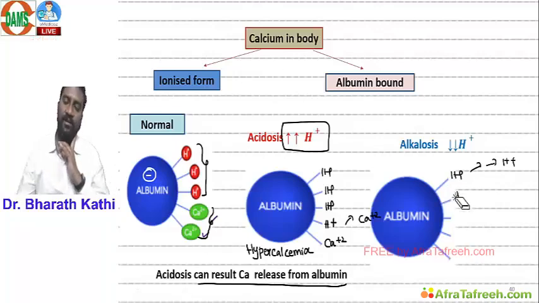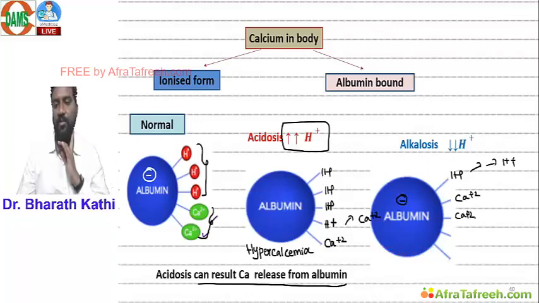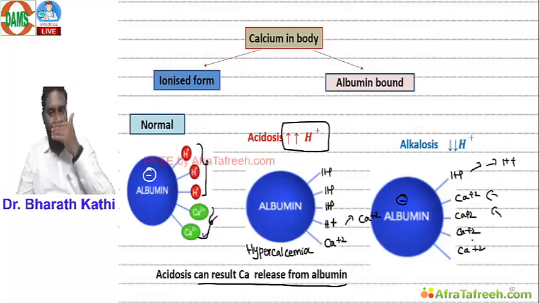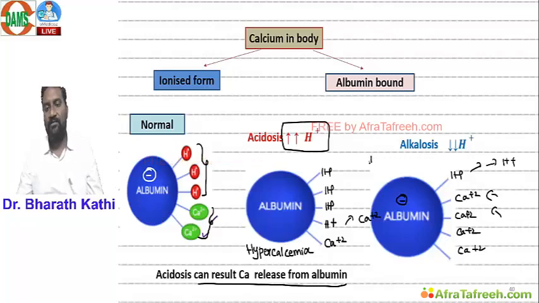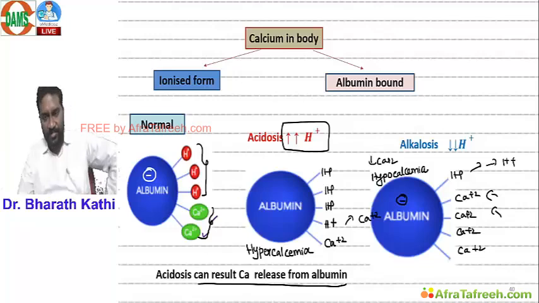Because H plus is getting released into circulation, now sites on the albumin will be free and gradually calcium will come and bind with albumin. So calcium from the circulation will start binding with albumin. Because excess calcium from the circulation is binding with albumin, within the circulation, calcium can decrease, resulting in hypocalcemia like situation.